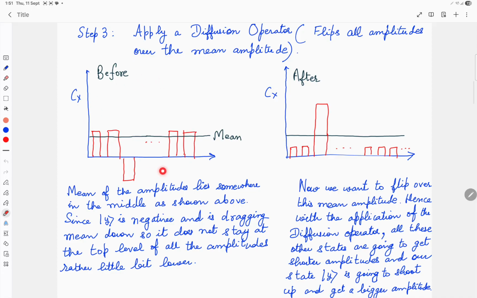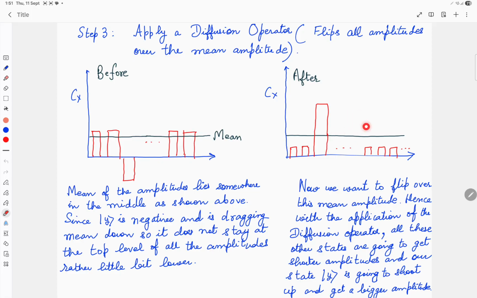Now, this is the graph before we apply the diffusion operator. So we calculate the mean of all the states. The mean of all the states is not the top amplitude but a little bit lesser because there is a negative amplitude of the target y state. But this graph is after the diffusion operator.